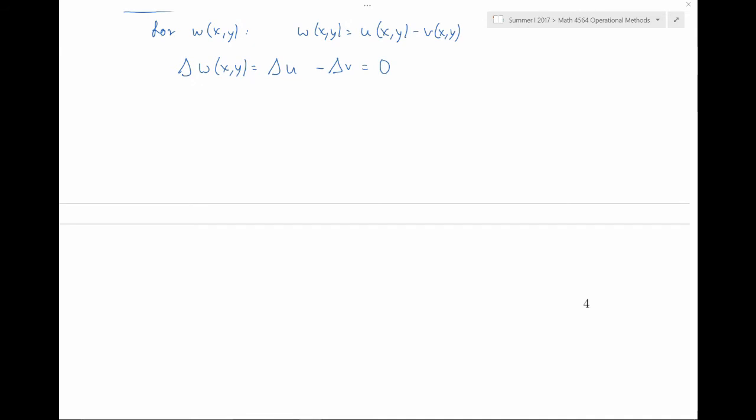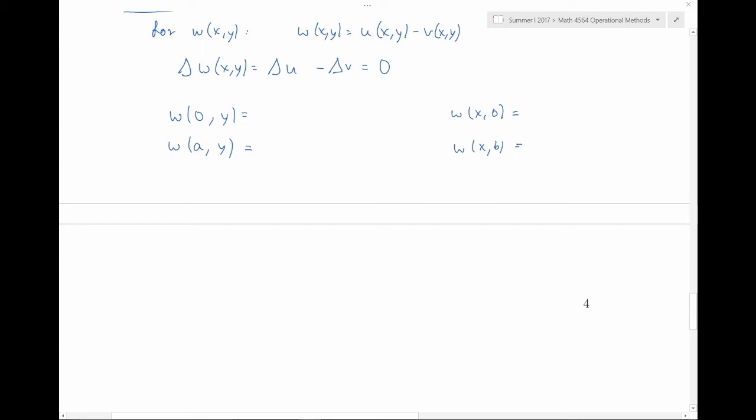Now, since w is not exactly equal to u, it cannot satisfy the same boundary conditions. So w has to satisfy different boundary conditions. So w of 0y, w of ay, w of x comma 0, and w of x comma b should all be different.